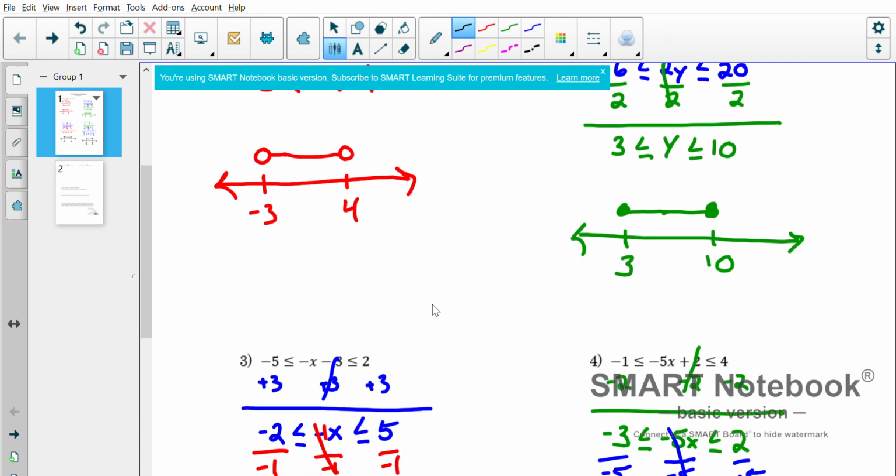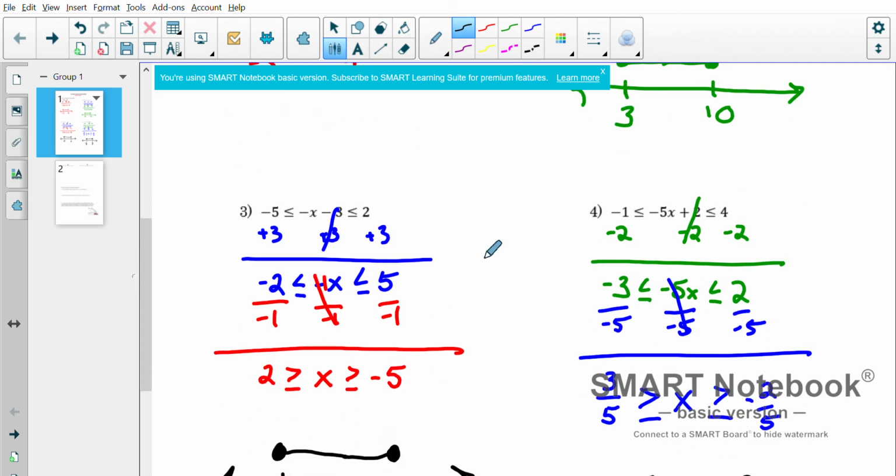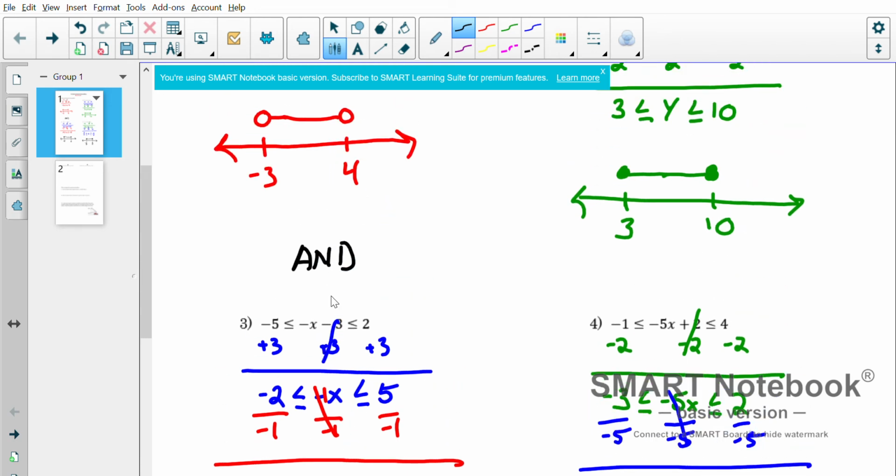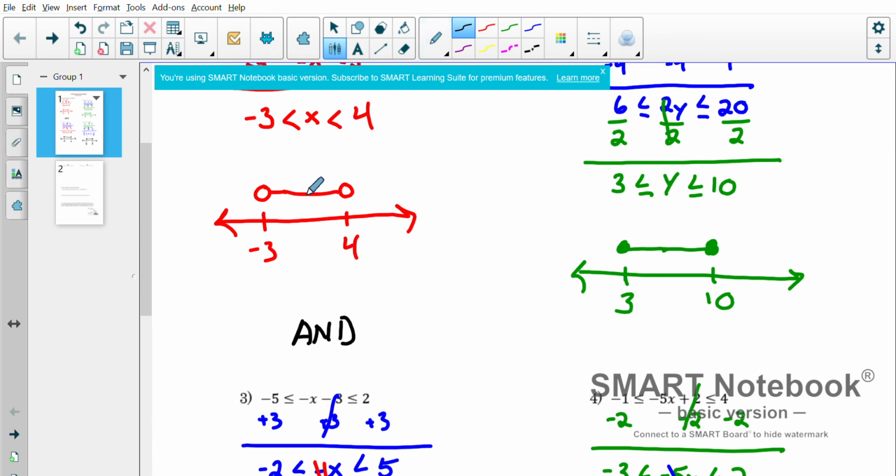The 4 examples on the front are what we call AND compound inequalities. A, N, D, AND. Both are true at the same time. Every number in this solution set is greater than -3 and it's less than -4. This one, everything in the solution set is greater than -3 and it's less than 10.